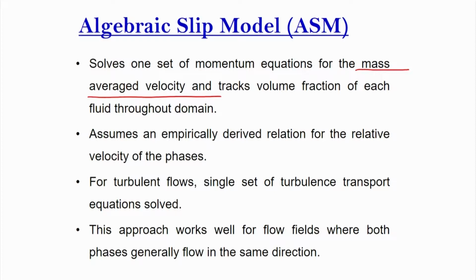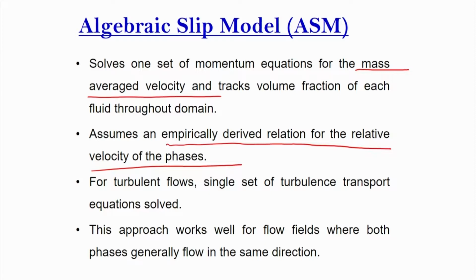The major assumption here is an empirically derived relation for the relative velocity of the phases. This is an algebraic equation which is empirically derived, and that is the major assumption, because we solve the velocity based on the relative or slip velocity between the two phases, and we take the mass average velocity for the mixture equation.